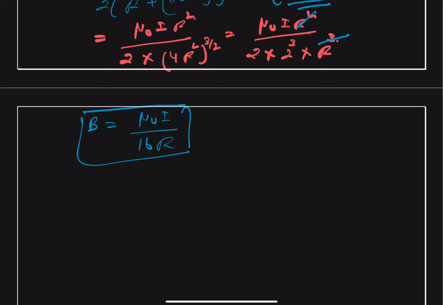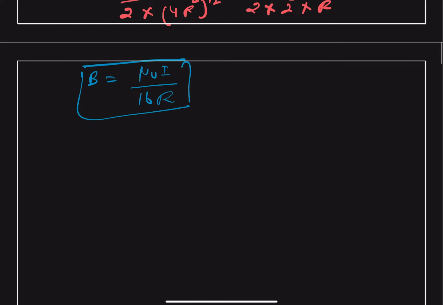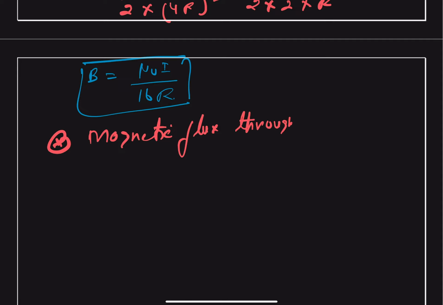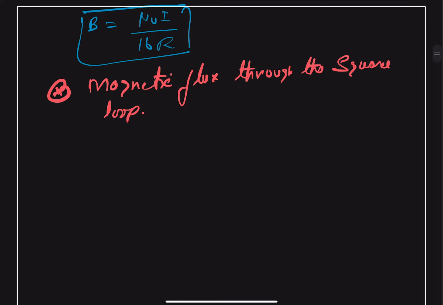So we found the magnetic field at a distance z from the loop. Now we are going to find the magnetic flux through the square loop.